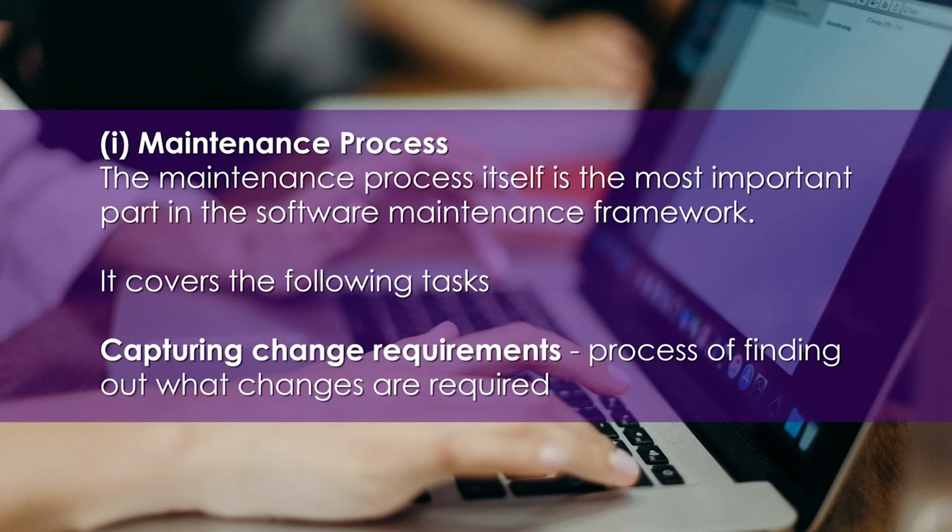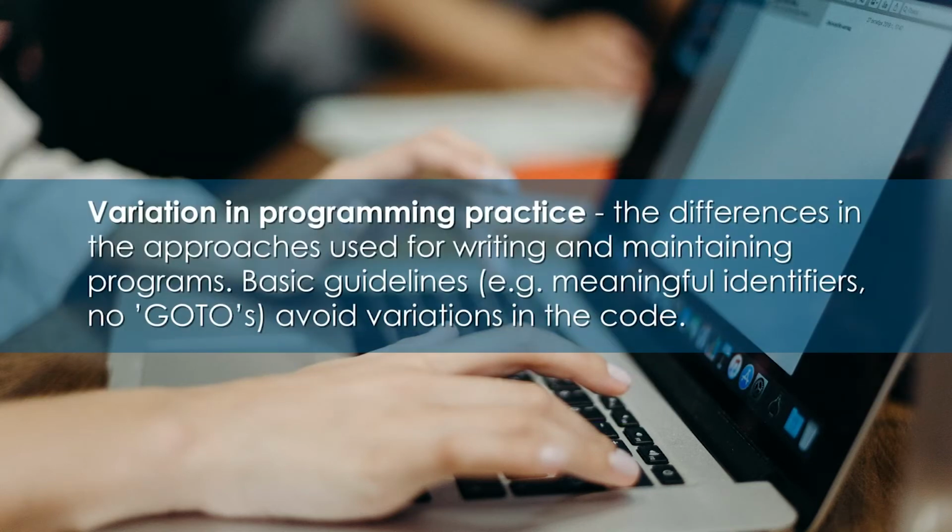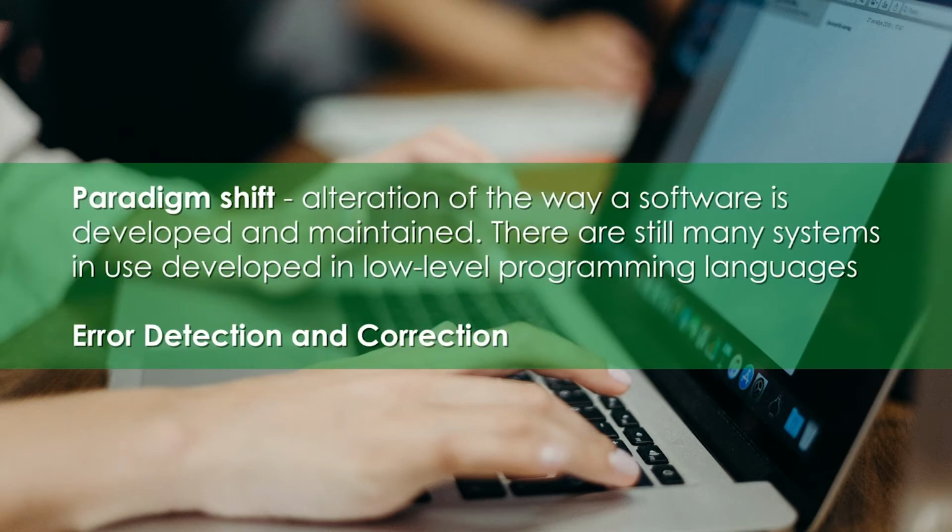It covers tasks like capturing change requirements, that is, the process of finding out what changes are required, or else variation in programming practice, that means the differences in the approaches used for writing and maintaining programs, basic guidelines to avoid variations in the code. And the third is the paradigm shift. It is an alteration of the way software is developed and maintained.